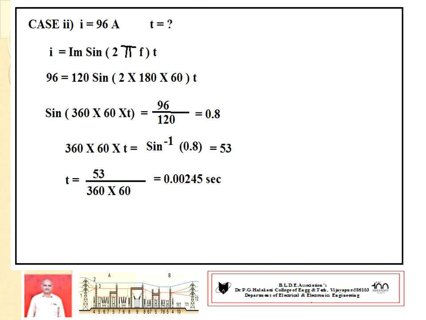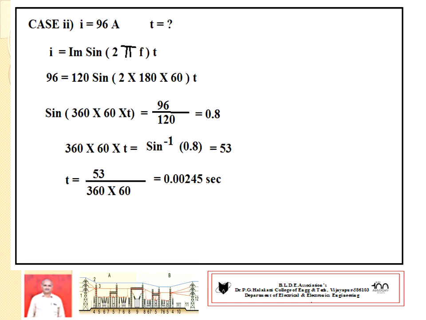In the second condition, instantaneous current is given as 96 ampere. What is the time required? T equal to how much? Try to understand the different cases. Again, we have to use the same general expression: instantaneous alternating current equal to Im sin omega t.